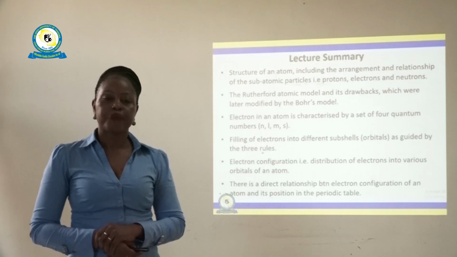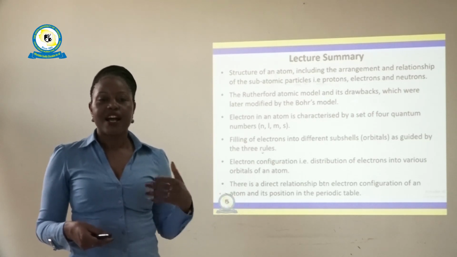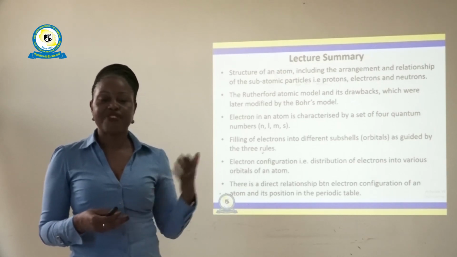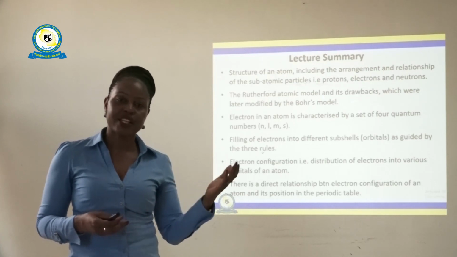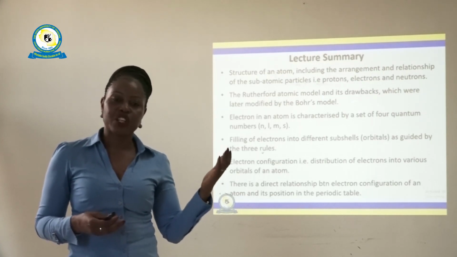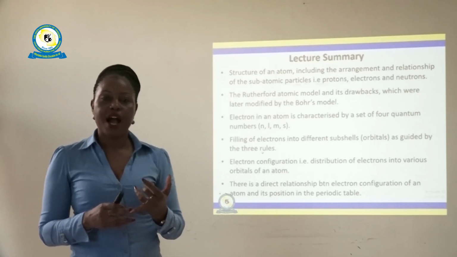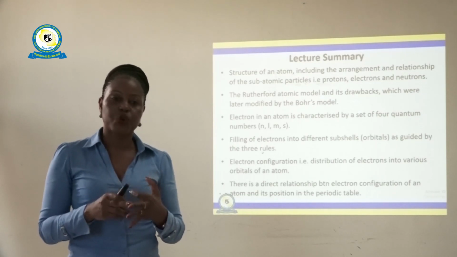We also discussed how electrons are filled in different subshells of an atom using the 3 guiding rules. That was the Aufbau principle, the Pauli exclusion principle, and the Hund's rule.